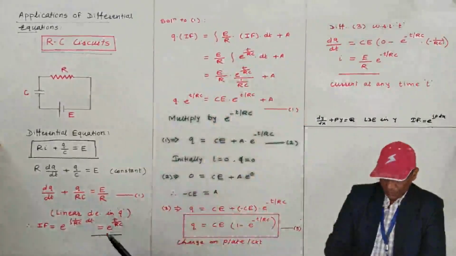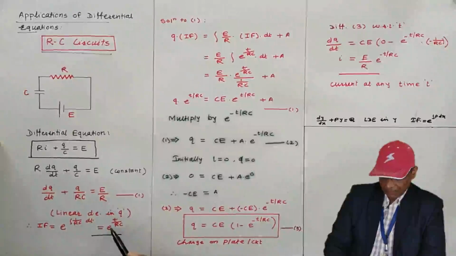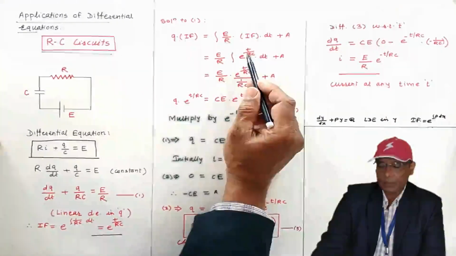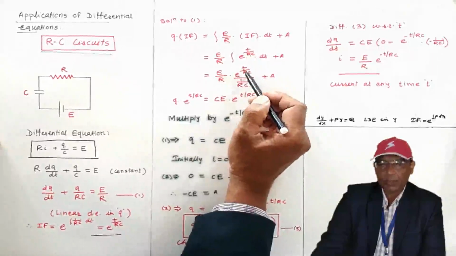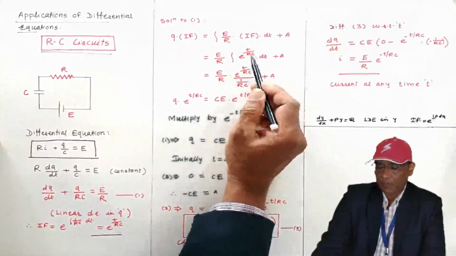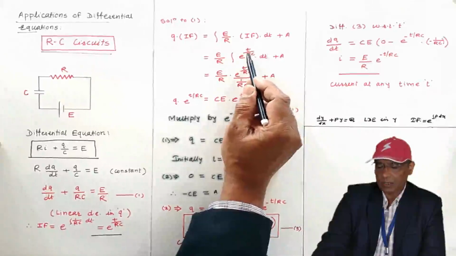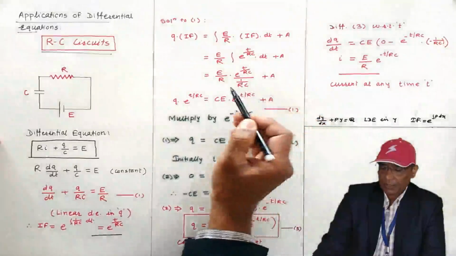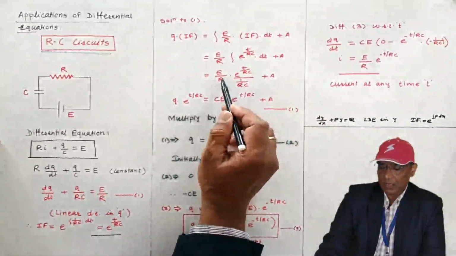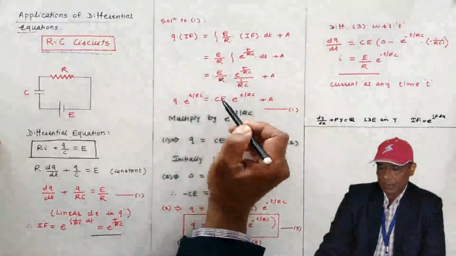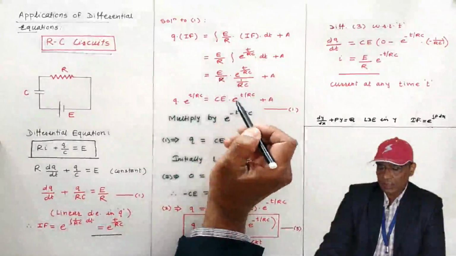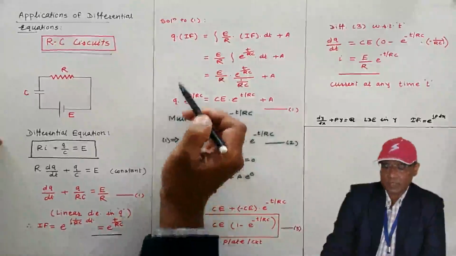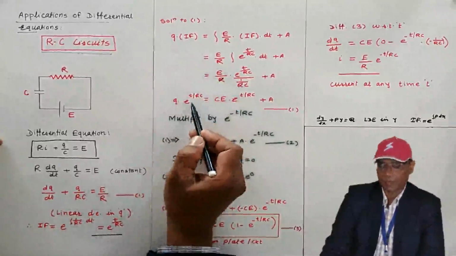The integrating factor is e to the power t by RC, and the integration of e to the power t by RC is e to the power t by RC divided by 1 by RC, since the derivative of the argument goes in the denominator. Then R gets cancelled and C jumps into the numerator: C into E multiplied by e to the power t by RC plus A. The left-hand side is as it is, Q multiplied by the integrating factor.